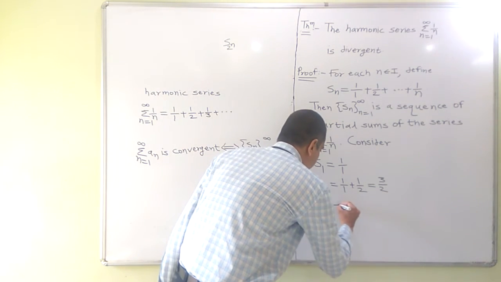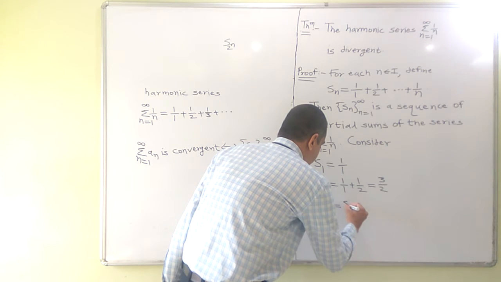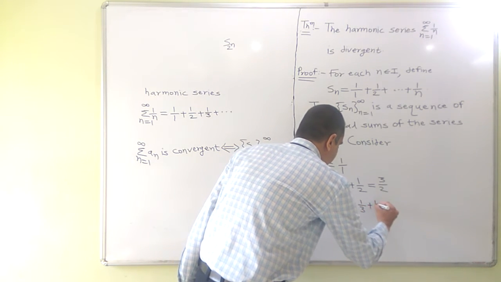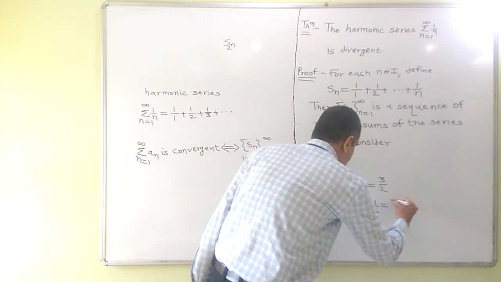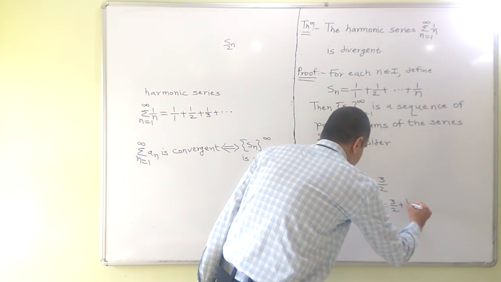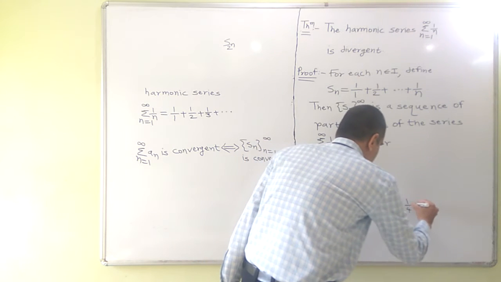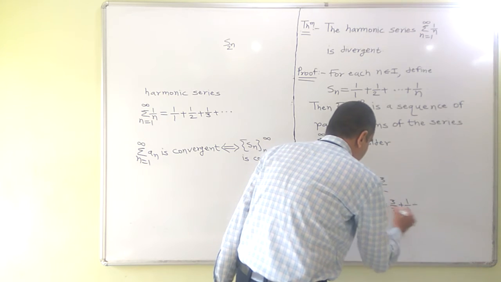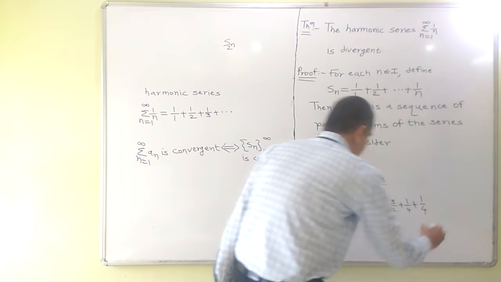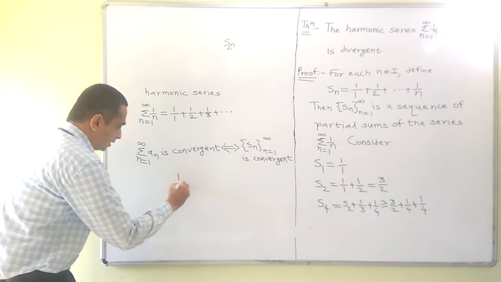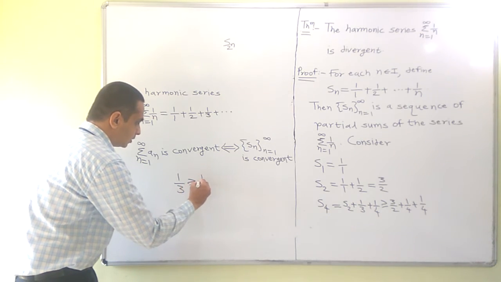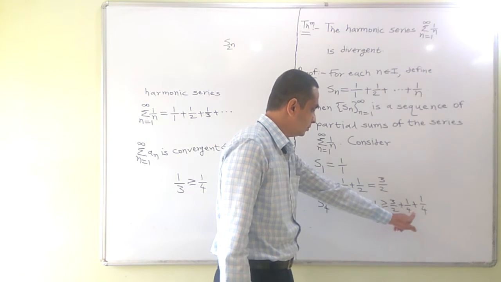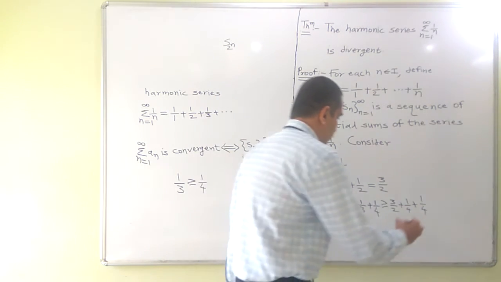It is equal to S_2 plus the remaining two terms, 1 by 3 plus 1 by 4, that is equal to 3 by 2 plus, now I could write it as greater or equal to 1 by 4 plus 1 by 4, because 1 by 3 is greater or equal to 1 by 4. So this comes as 3 by 2 plus 1 by 2, and that equals 2.